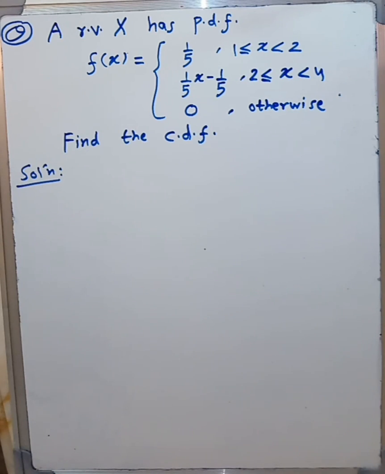Second piece will be what happens when x is between 1 and 2. The third piece will be what happens when x is between 2 and 4. And the fourth piece will be what happens when x is more than 4.